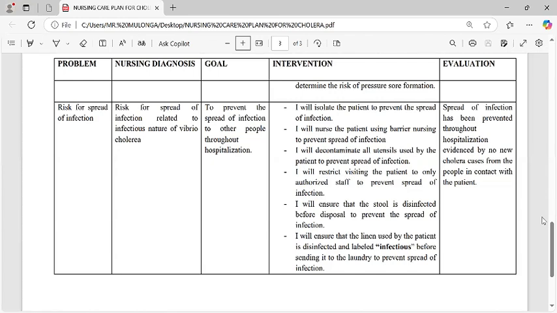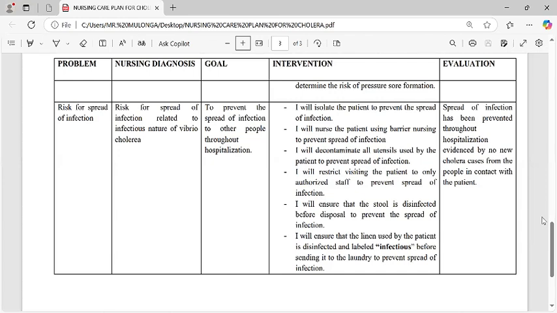So barrier nursing is where you employ putting on personal protective equipment, PPE. So it's either you say, I will nurse the patient using barrier nursing to prevent the spread of infection, or you can say, I will ensure that I put on personal protective equipment to prevent acquiring the infection.